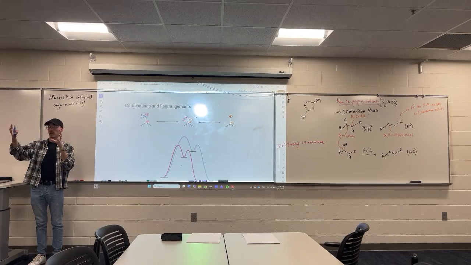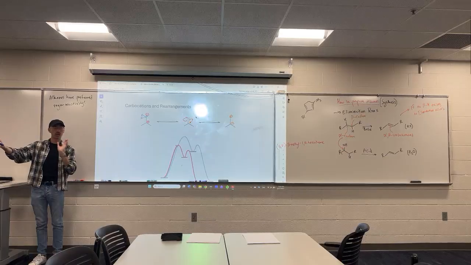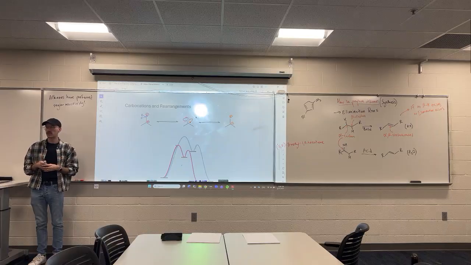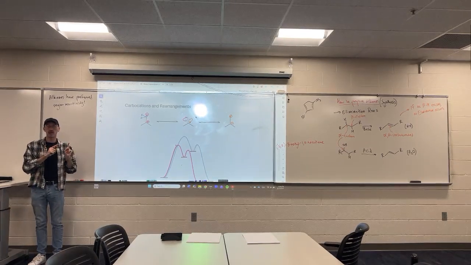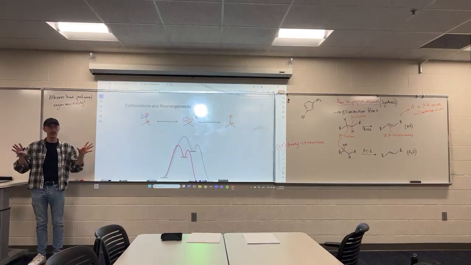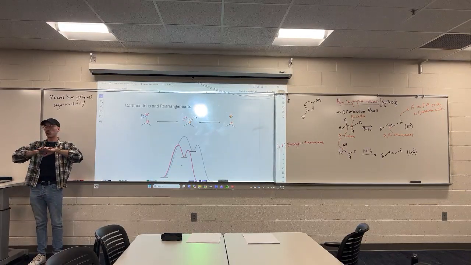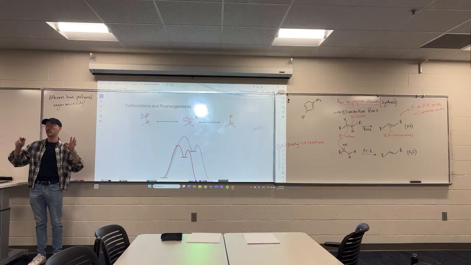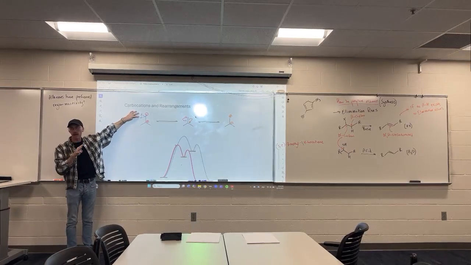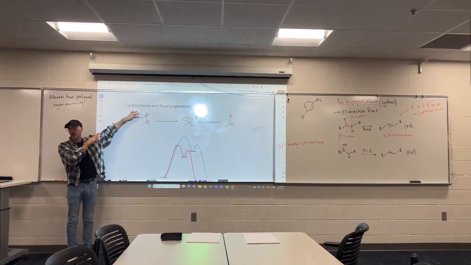Which means lone pair to lone pair repulsion is very strong. Lone pair to bonding pair is fairly strong. Bonding pair to bonding pair is the weakest repulsion. So I want my lone pair of electrons to be as far away from other electrons as possible, because that lone pair will be repelling other electrons a lot. There's not a lot of bonding electrons near this lone pair.